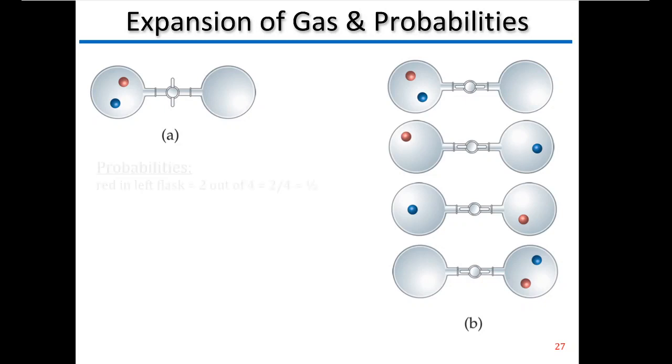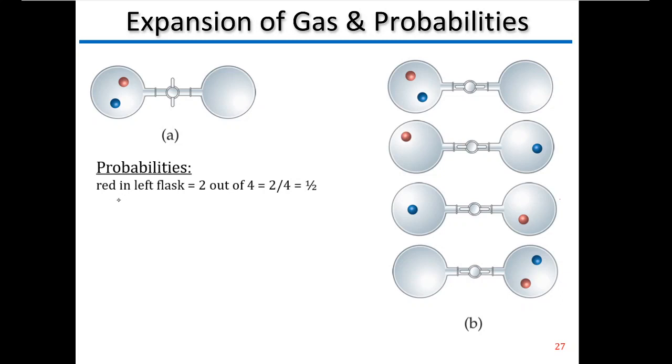So we're going to talk about probability. The probability of finding the red molecule in the left flask would be 2 out of 4. We have 1, 2, 3, 4 different possible states here, so 4 different probabilities in total.